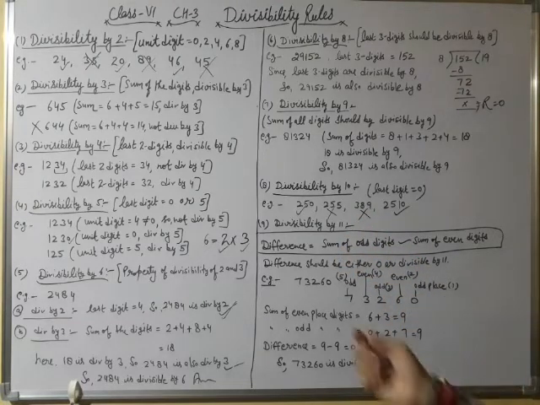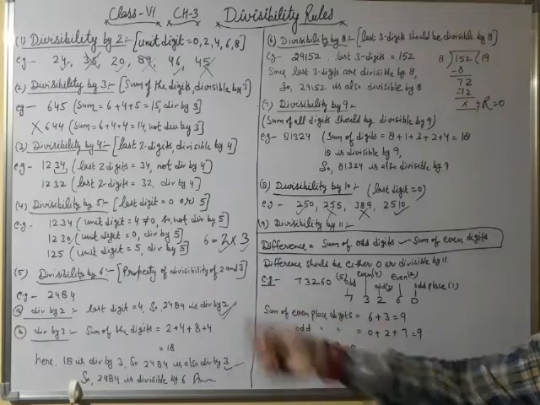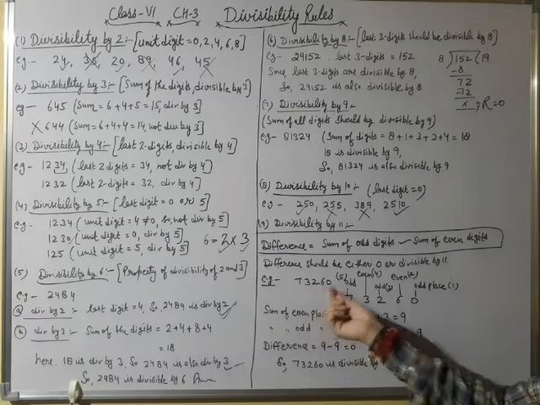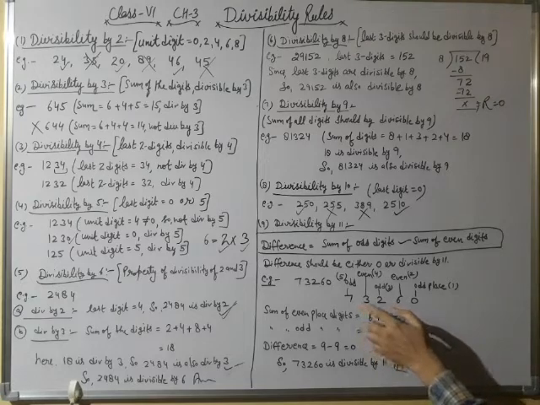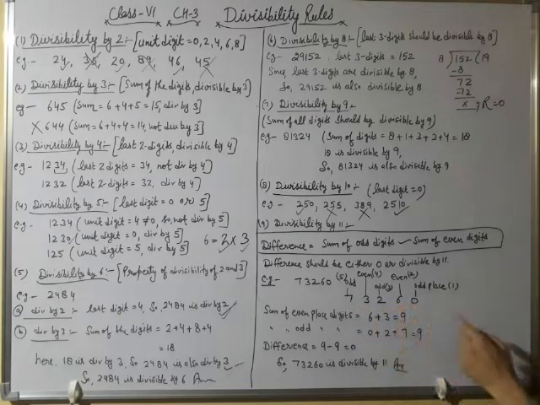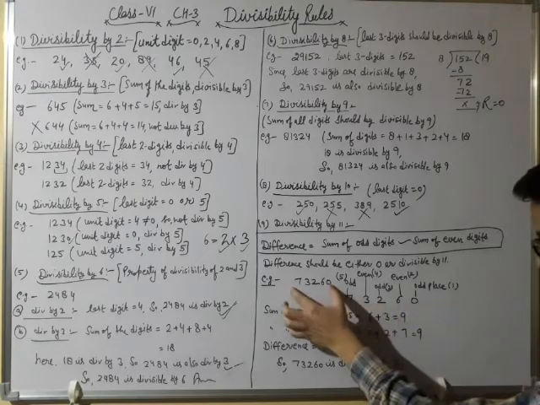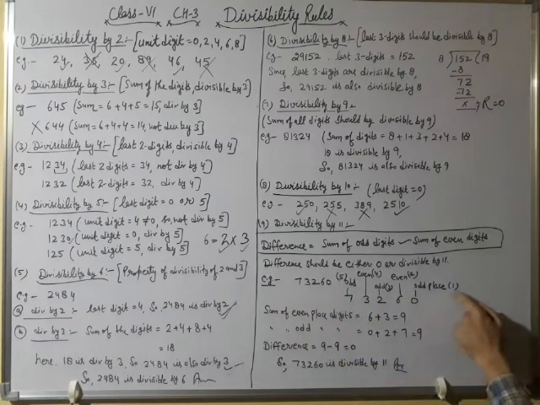And now we have taken one example, 73260. I have written the number here. This is your ones digit, meaning the first place of this number. Because its place value is 1, it is written at the first place, and 1 is an odd number.